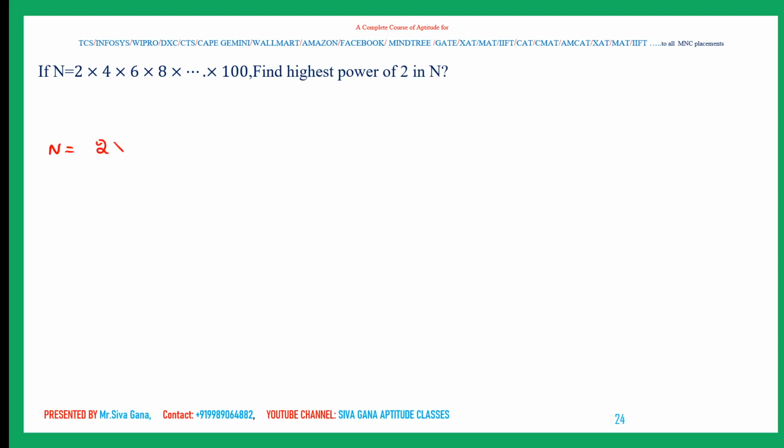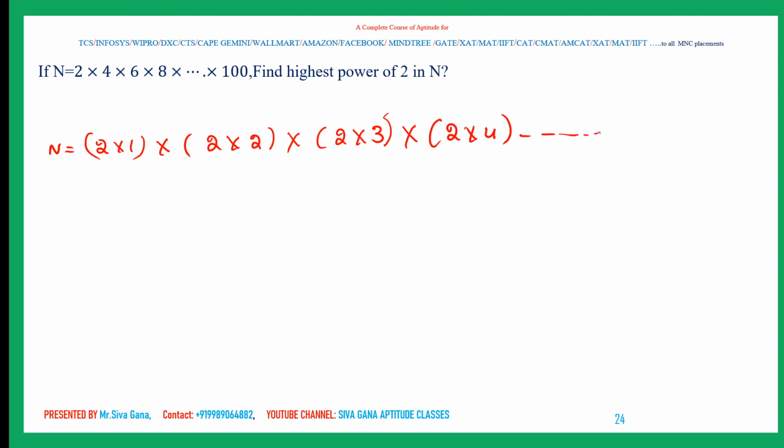2 can be written as 2 into 1, 4 can be written as 2 into 2, 6 can be written as 2 into 3, 8 can be written as 2 into 4, and so on. 100 can be written as 2 into 50.